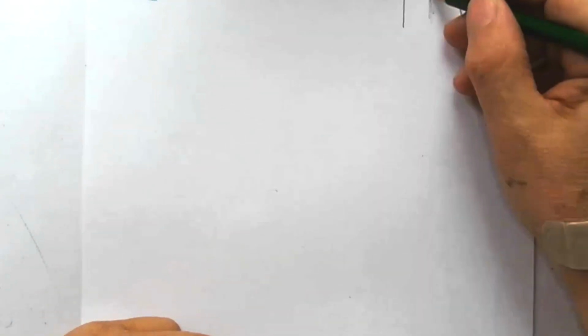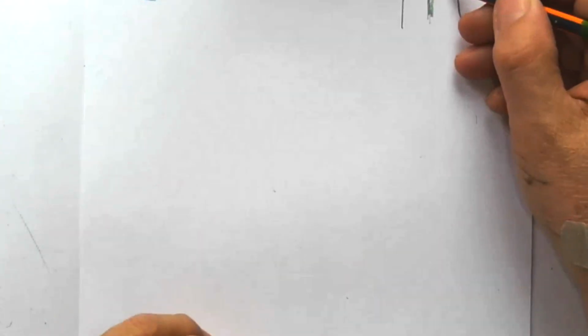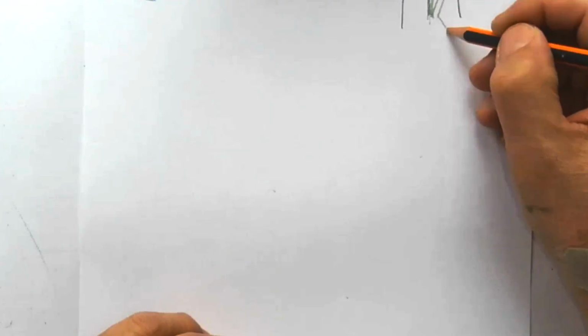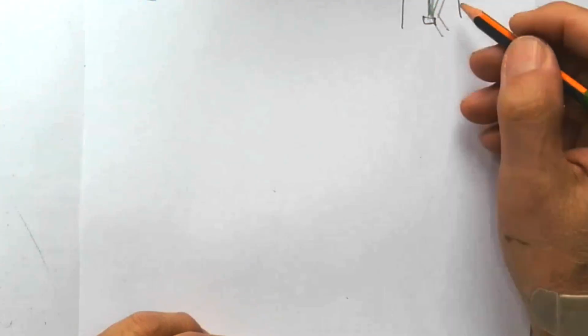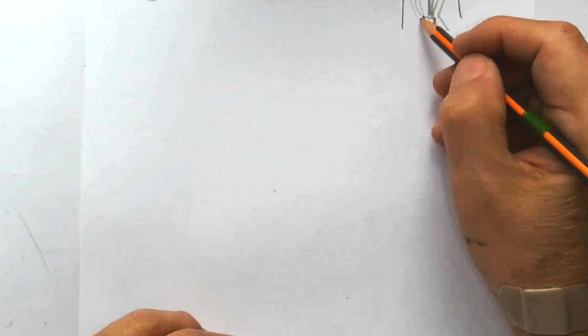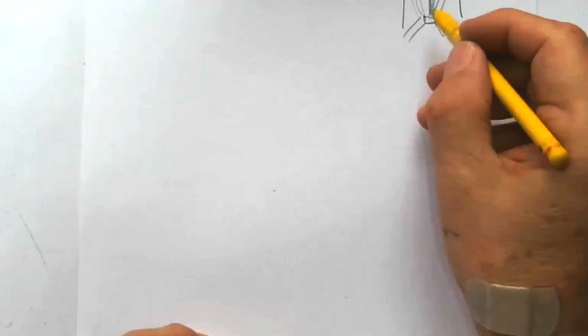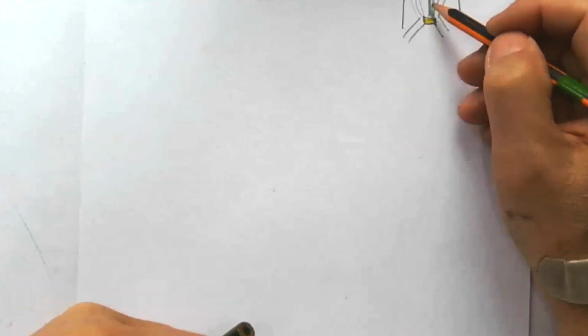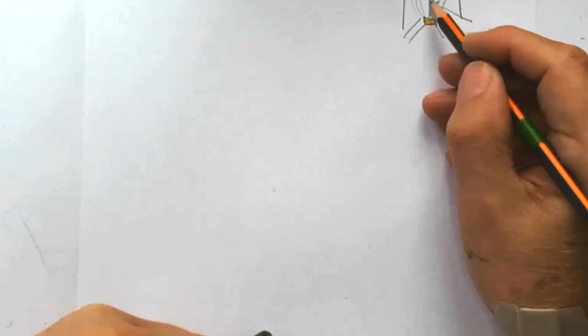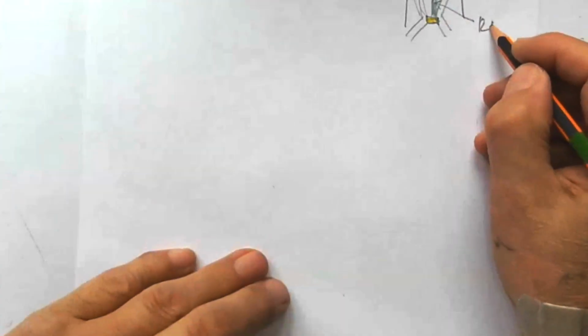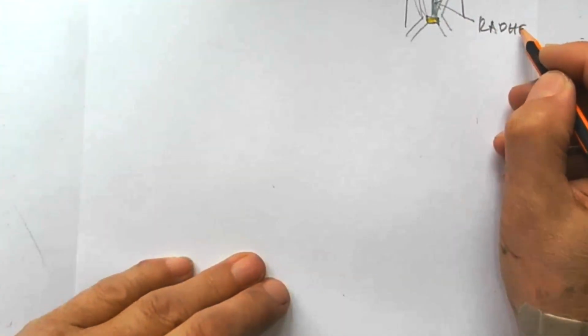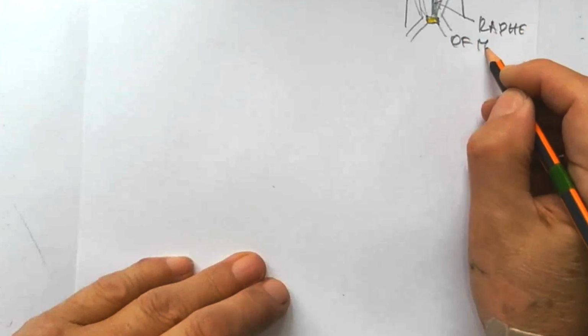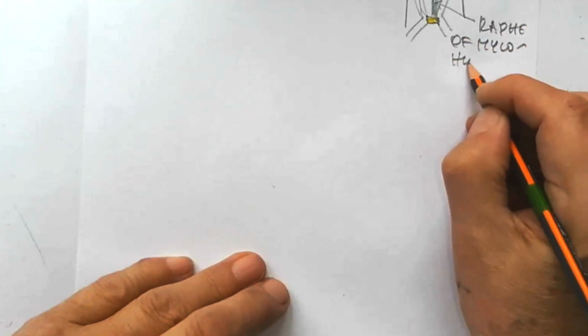Here we have the raphe of the mylohyoid, then the bellies of digastric. Here on both sides is the hyoid. So anteriorly chin, the raphe, and this is the same on the opposite side, raphe of mylohyoid.